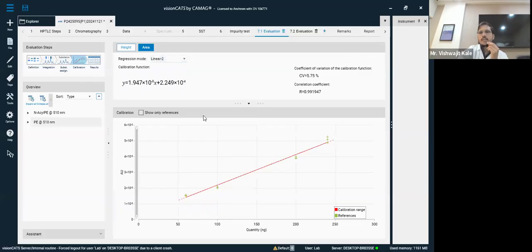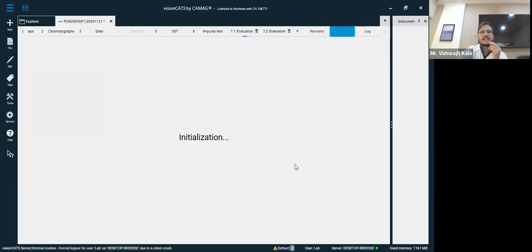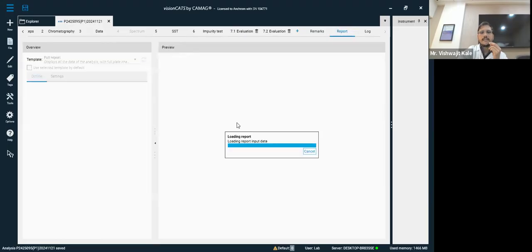Now I will show you the report generation for this complete analysis. If we are checking any linearity or if we are doing actual batch sample analysis, how report will generate in HPTLC software and how it is compliant with 21 CFR Part 11, I will show you here.